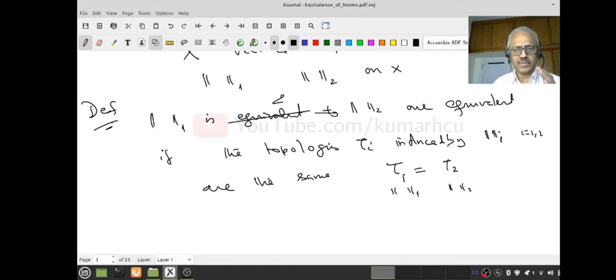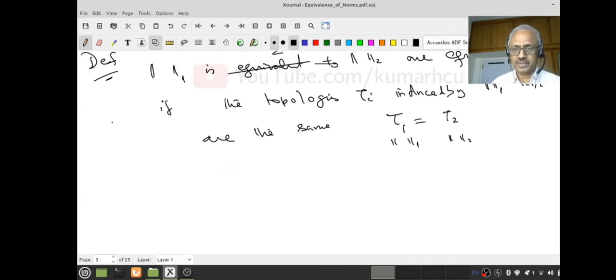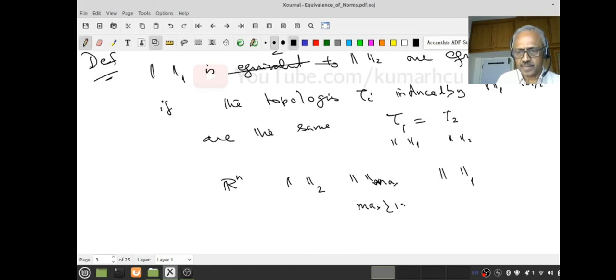Given two norms on a vector space, I say they are equivalent if the topologies induced by these norms are the same. The norms may look different. You may recall that on Rn, the usual Euclidean norm, the max norm, and the summation norm are all equivalent. This is maximum of mod xi, this is summation of mod xi, and this of course is summation of mod xi squared to the power half.